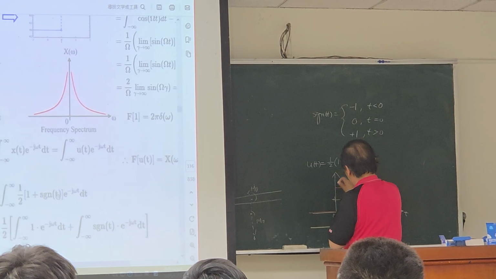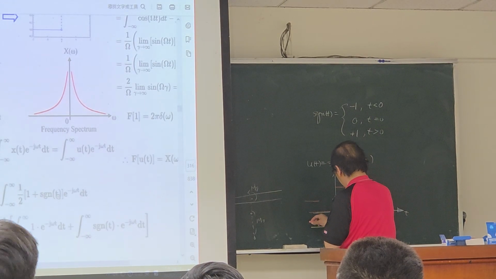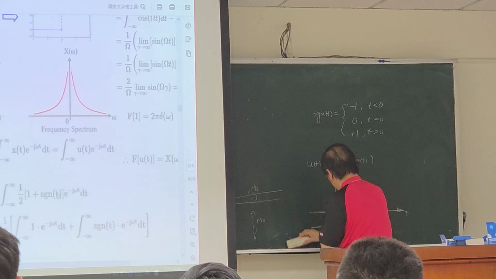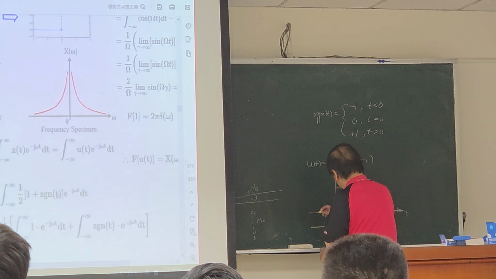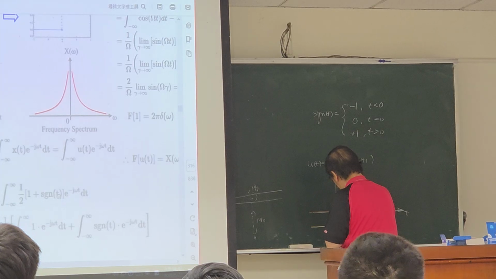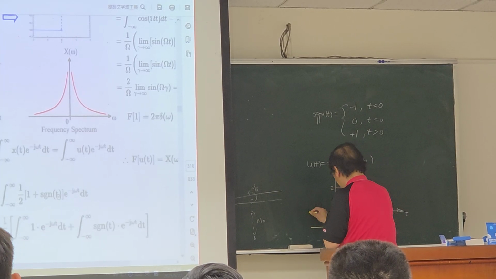And then we divide by 1/2. We have this. Okay, so this is 0 again, and this is 2.